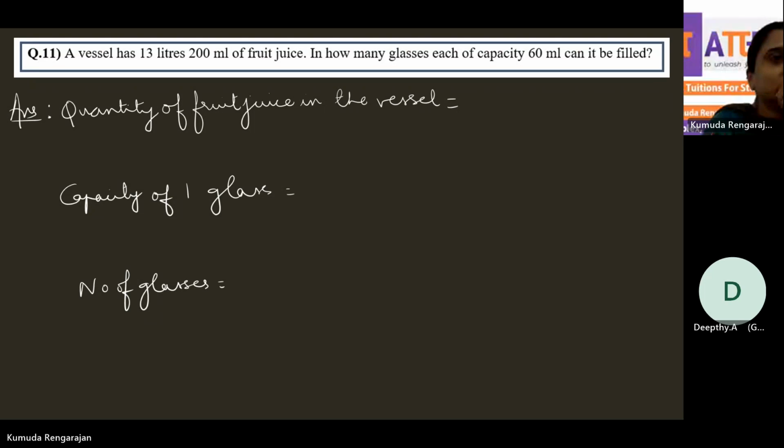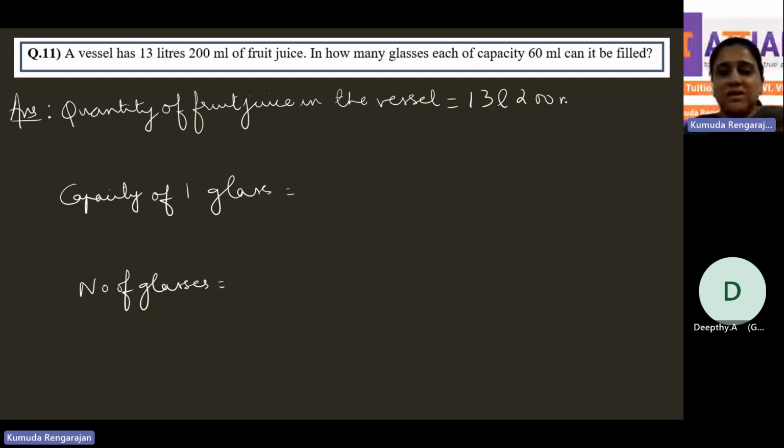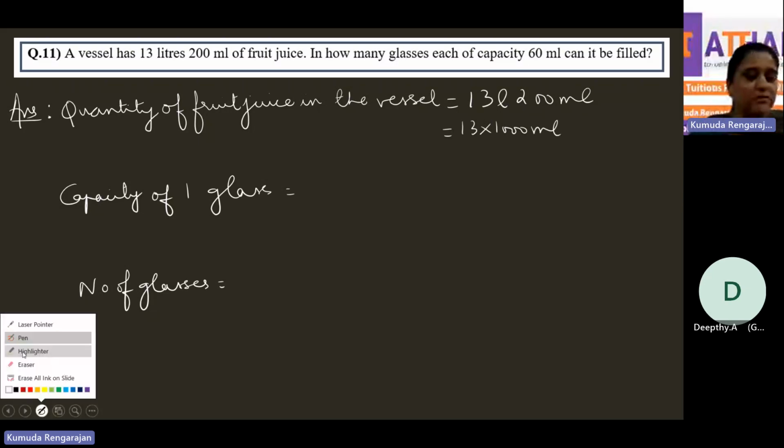You want me to show that step alone? See here, milliliters is already in milliliters, so you don't have to change that. So the quantity of fruit juice in the vessel is equal to 13 liters 200 milliliters. I can give you one more step.